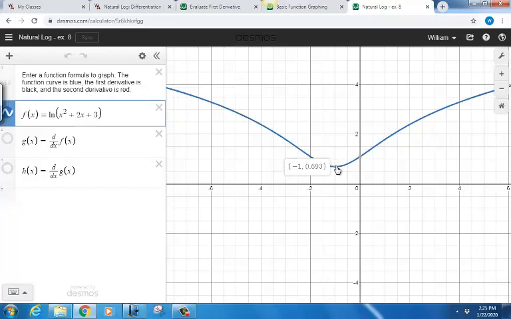So am I pointing at that point? Yeah, I think so. So Desmos says that's minus 1 and 0.693. Okay, not 0.75. All right. So now I wonder where Desmos got the 0.693. So let's see if we can confirm that. Okay. But it certainly looks like we have a relative minimum, at approximately those coordinates, minus 1 and 0.693.